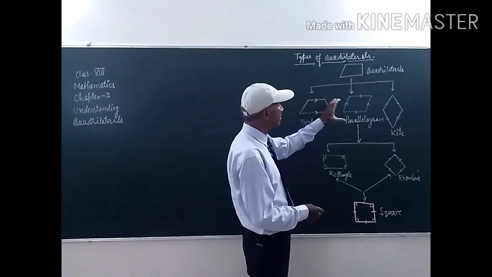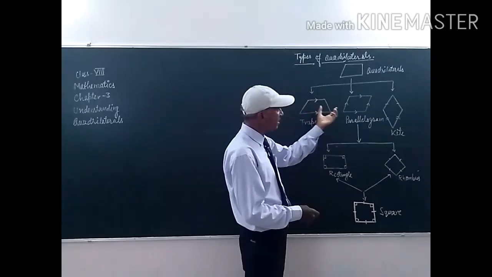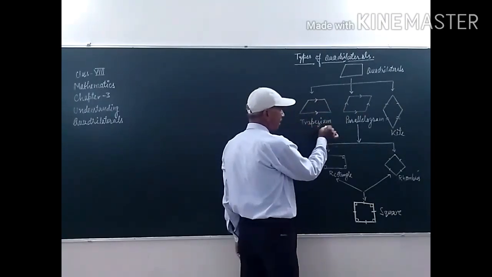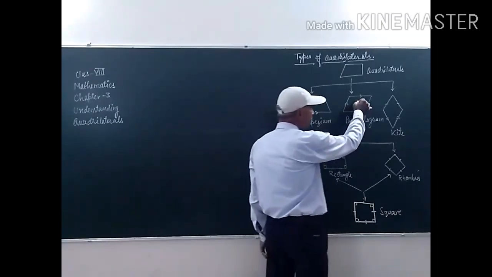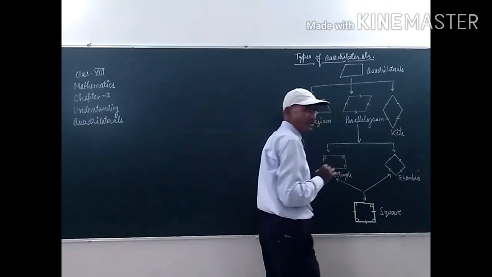Mainly, quadrilaterals are categorized into three categories. The first category is trapezium, second is parallelogram, and third is kite, students.